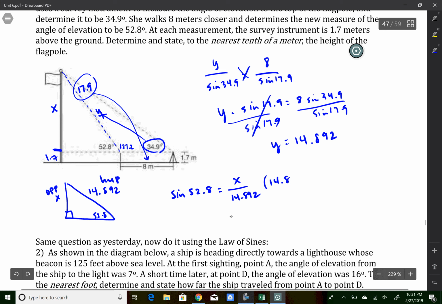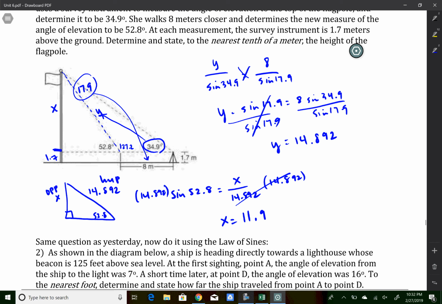Multiply both sides by 14.892. These cancel. And I get x is equal to 14.892 times the sine of 52.8 in my calculator. So that gives me 11.9.